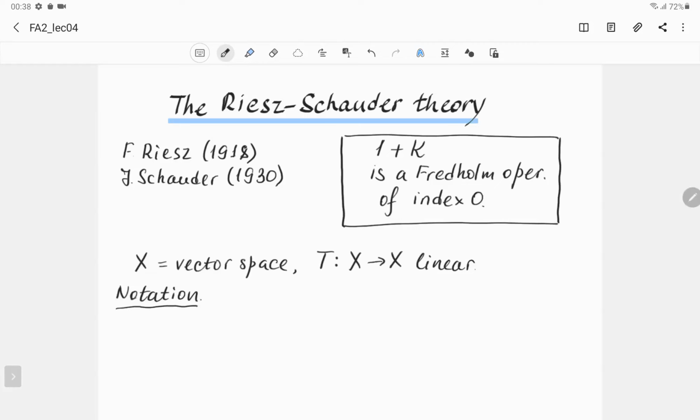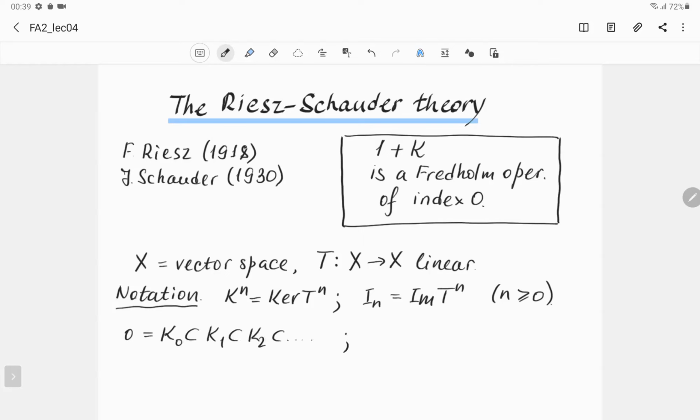We denote by K_n the kernel of T to the power n, and we denote by R_n the image of T to the power n for each non-negative integer n. So we obtain two chains of vector subspaces. The first chain is increasing, and the second chain is decreasing.